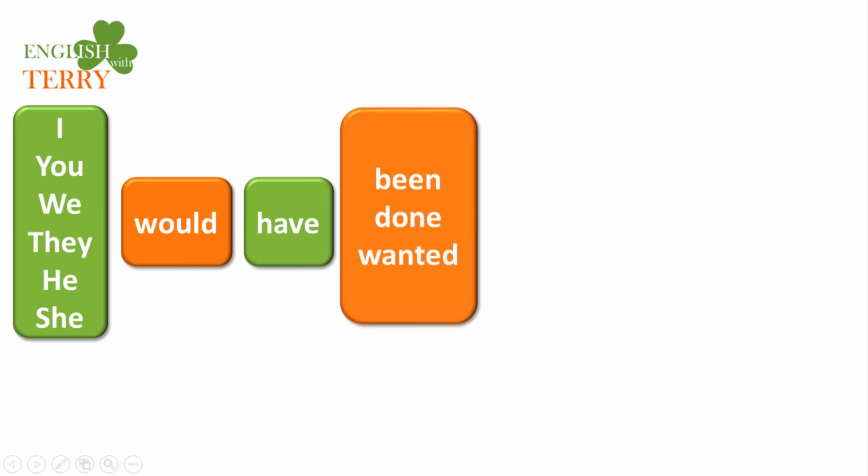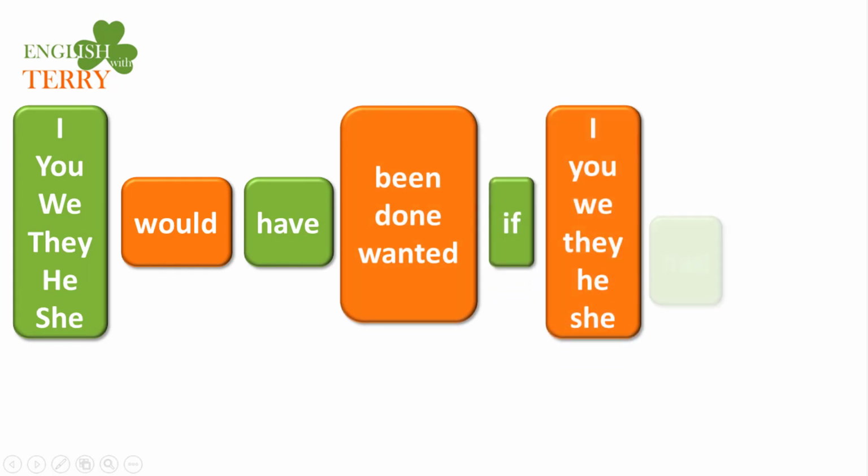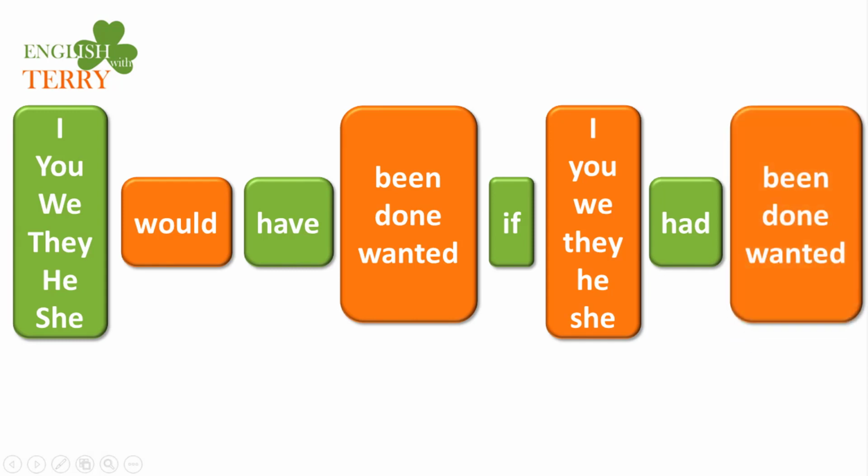Now, if we look at the structure of the sentences, we can start with I, we, they, he, she, would, have, and past participle, right? And then if, I, you, they, had, and past participle. Now that's the past perfect. These are all the elements that we can use to create one of these sentences.